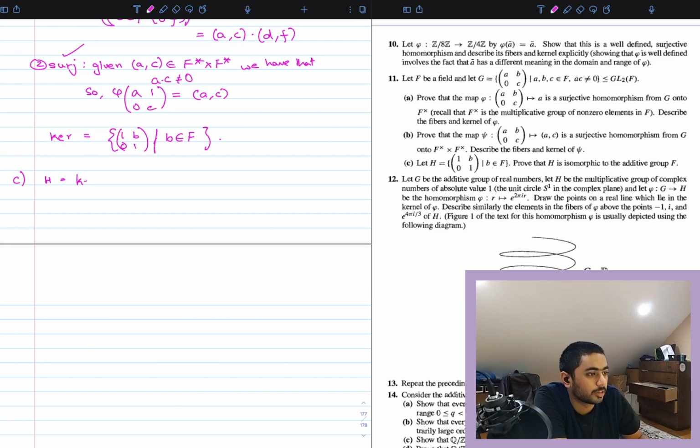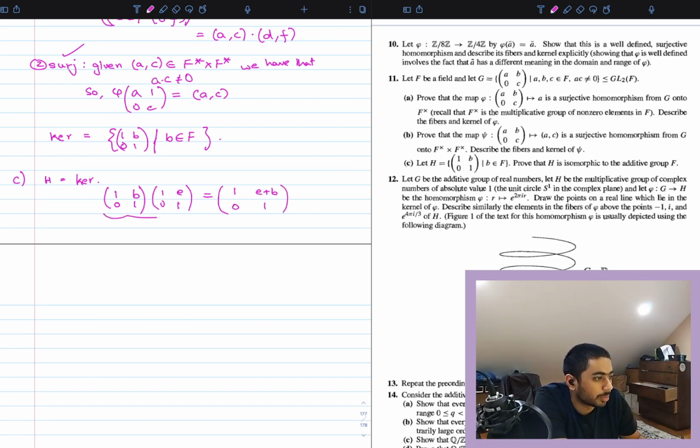So H is the kernel from before. Now let's see what happens when you multiply something that looks like this with something that looks like this. What we get is a 1 here, an E plus B here, a 0, and we get a 1 here.